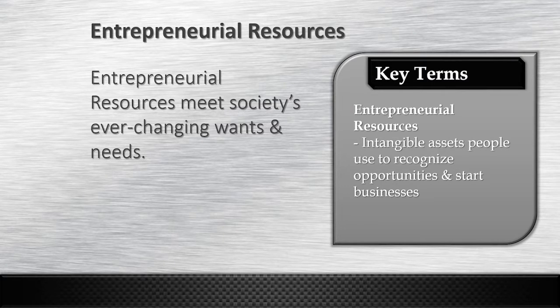And our fourth type of factor is the entrepreneurial resource. Can be a little bit of a tongue twister there. Entrepreneurial resources really is a category that covers all of the intangible assets of a business. When I say intangible, it's not stuff that you can really touch and feel. It's abstract.